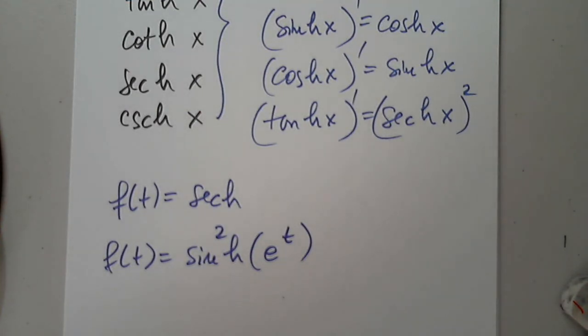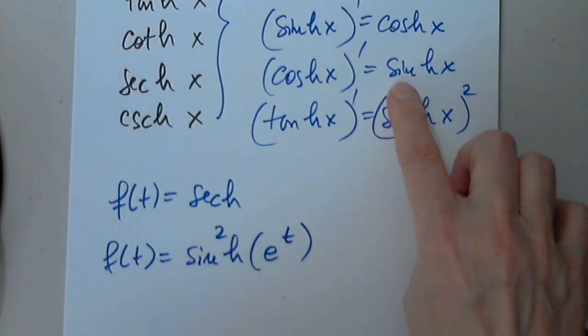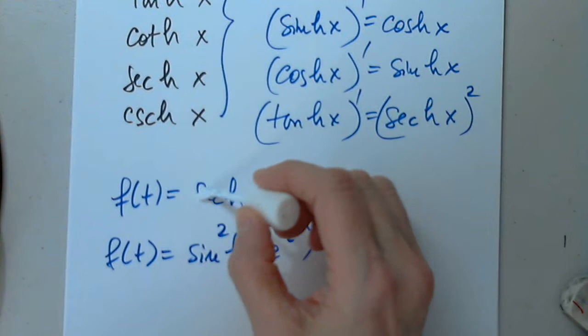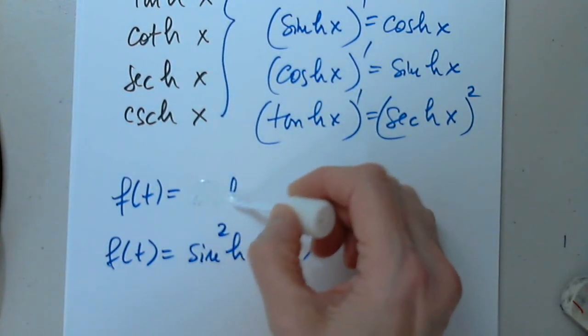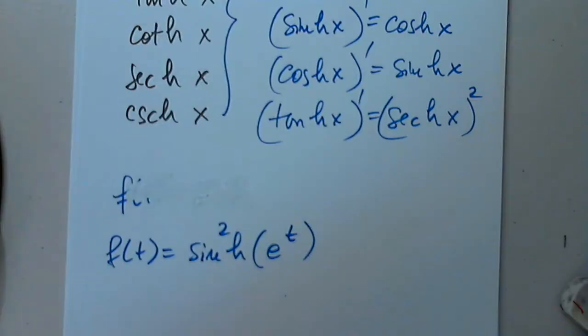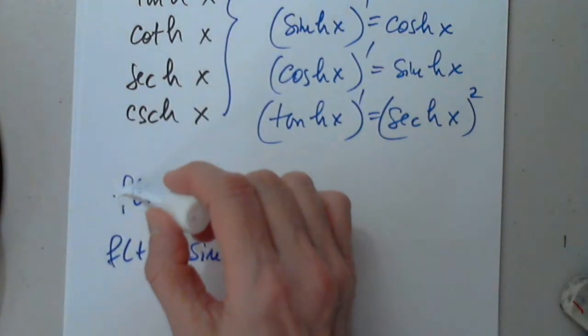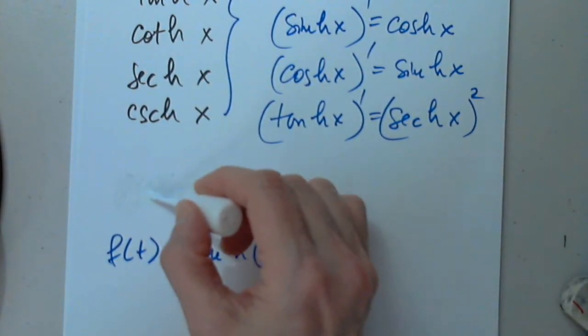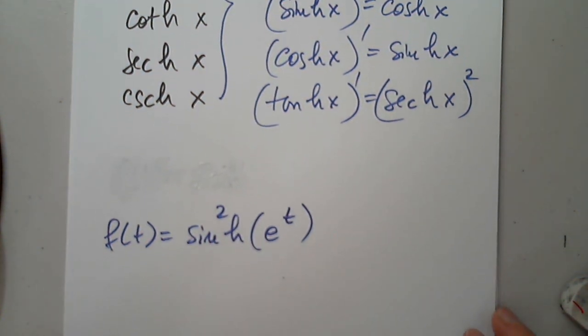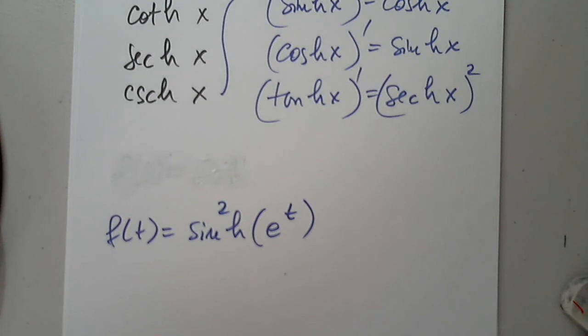Is the derivative of hyperbolic cosine hyperbolic sine? Yes, there is no sign change. I want to remove this, so hopefully if you're looking at the notes, you're not getting confused. Okay, so we want to differentiate hyperbolic sine squared of e to t.